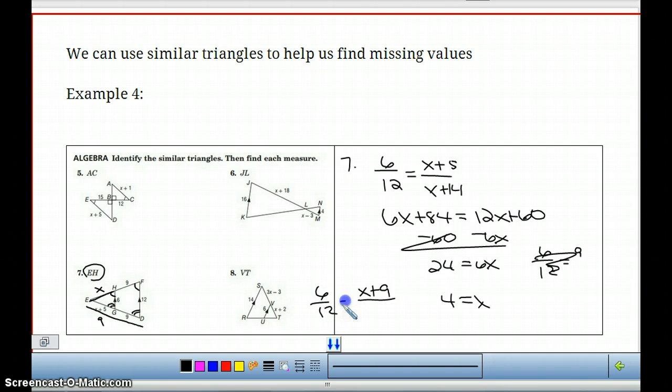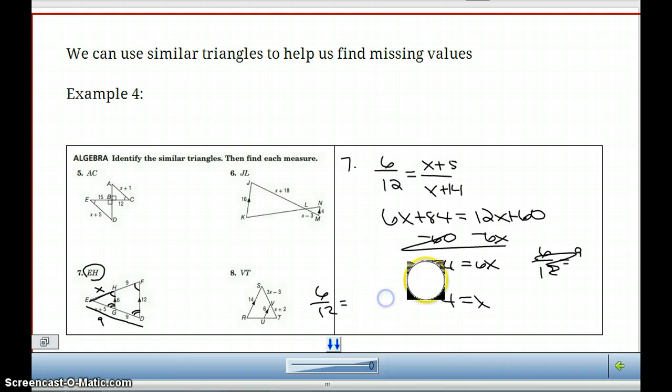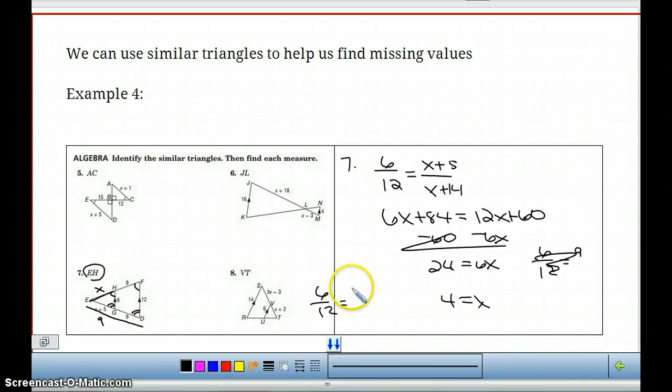Hang on, guys, just a second here. 6 over 12 equals x over x plus 9. So 12x equals 6x plus 54. Take away the 6x. 3x equals 9. x equals 3, which means that EH has to be 3. And that's how we use our proportions.